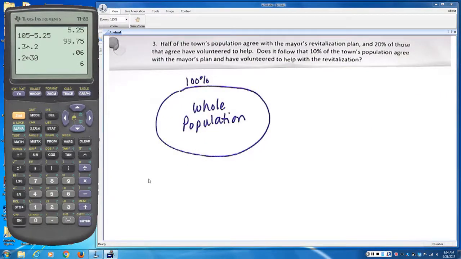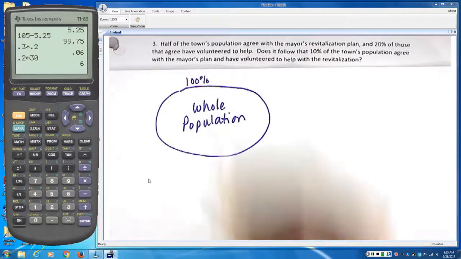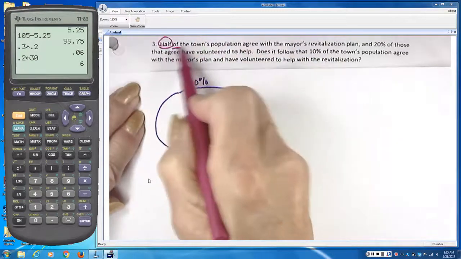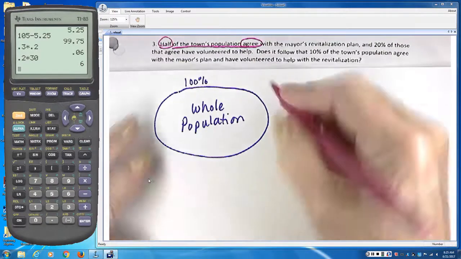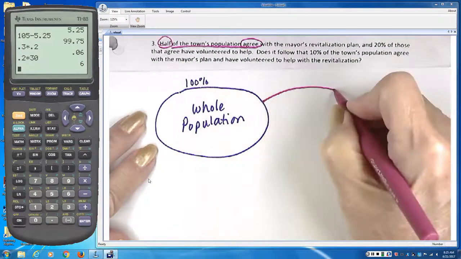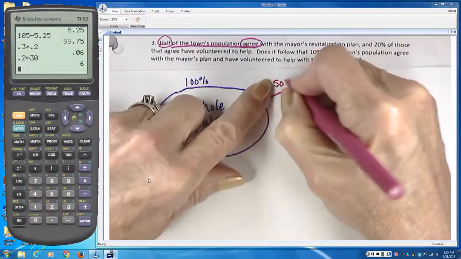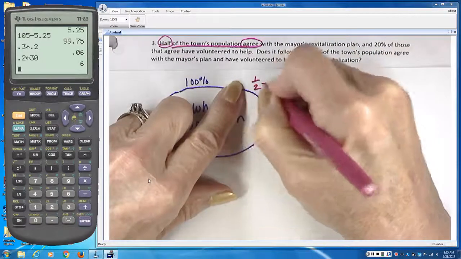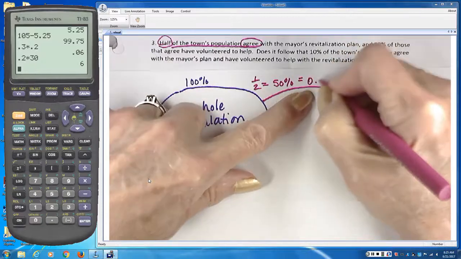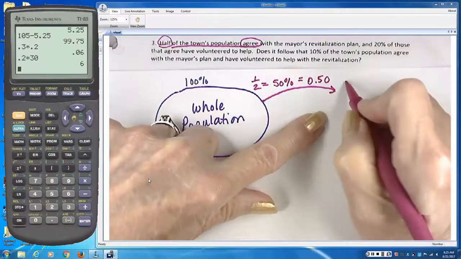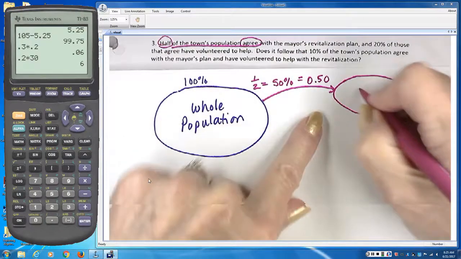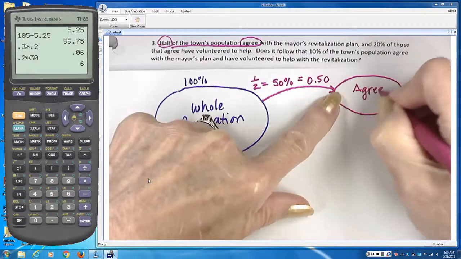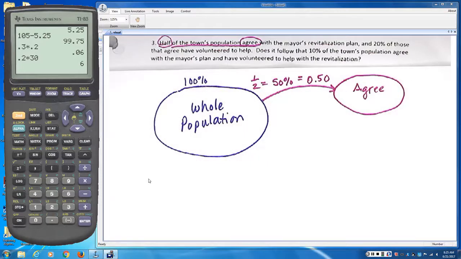And of that 100%, we keep reading the problem, says half of the population agree. Well, half is 50%. So if I take 50% of that population, I get a smaller population that agree with the mayor's revitalization plan.